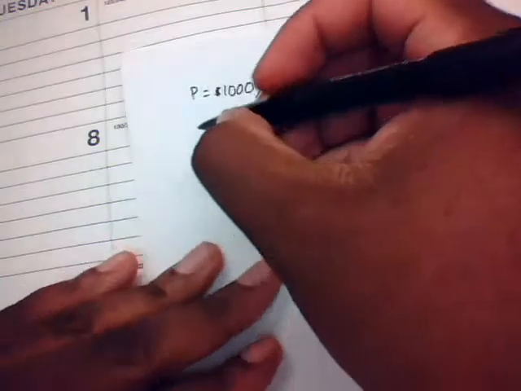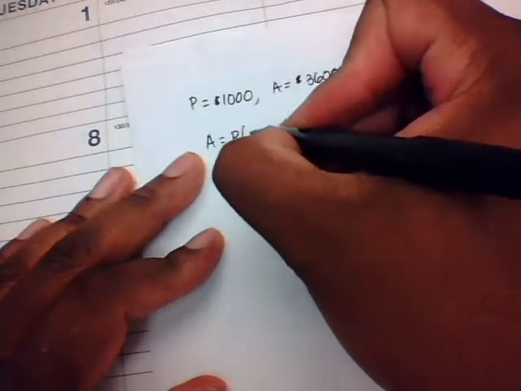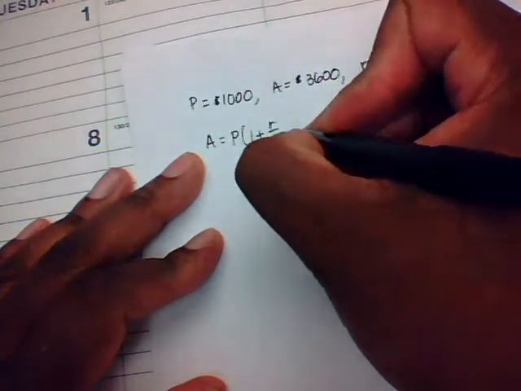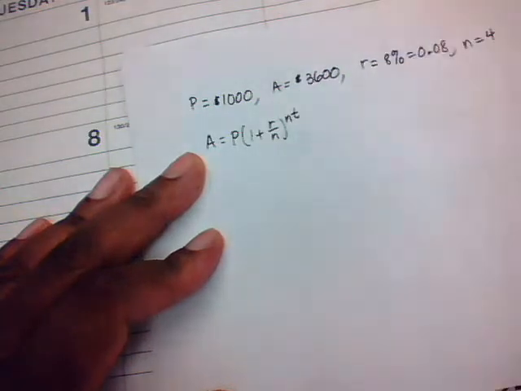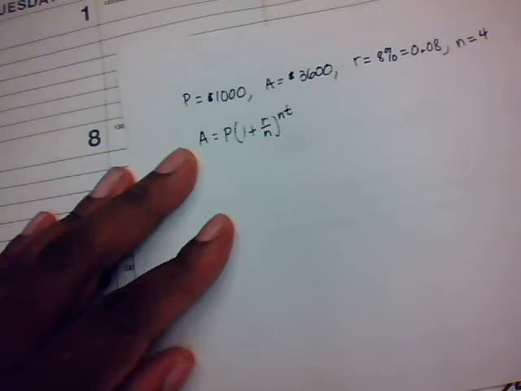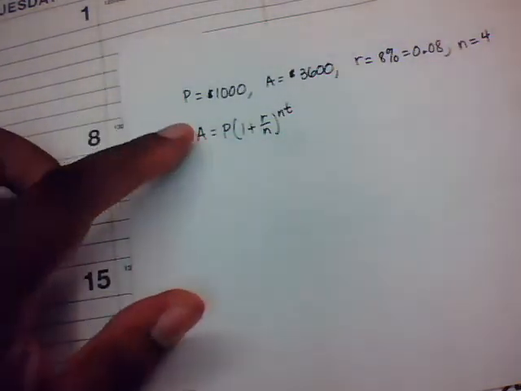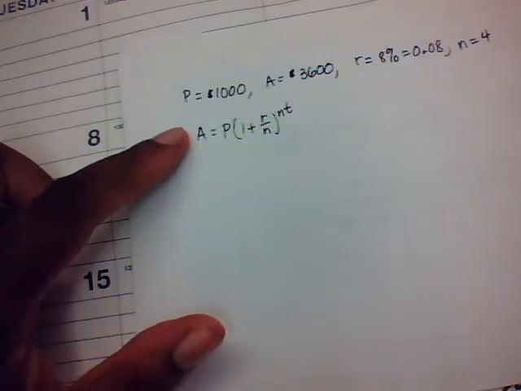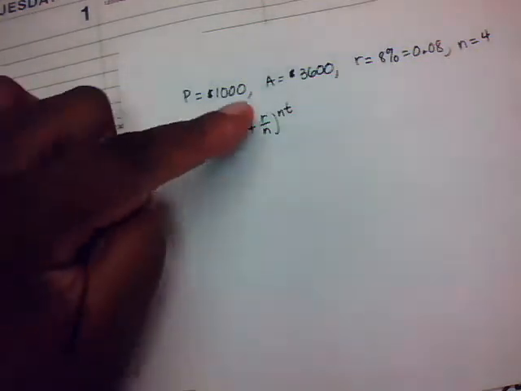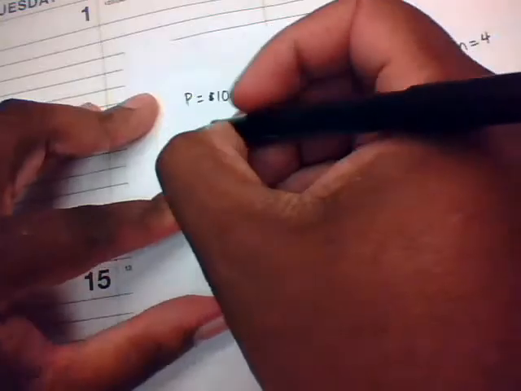Okay, now let's revisit that formula. A is equal to P times 1 plus r over n raised to the n times t. If you remember, for n compoundings, we have to use this formula. It's compounded quarterly, so we have no choice but to use this formula. Now let's replace those values into this equation. So here A is 3,600.